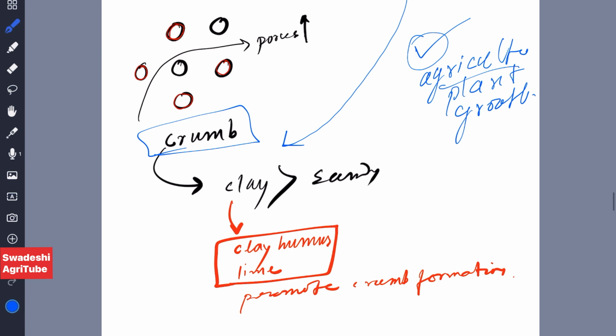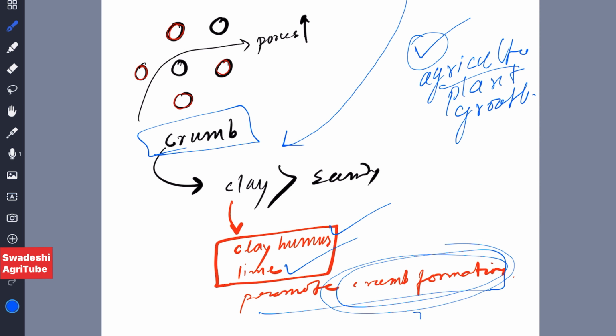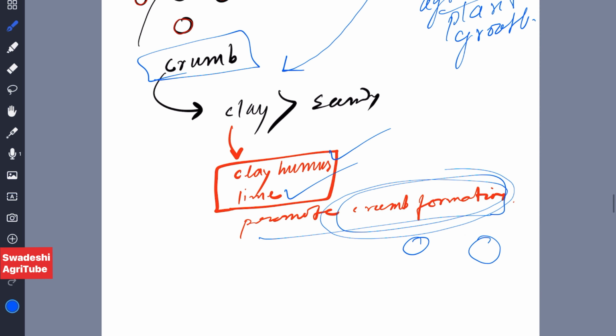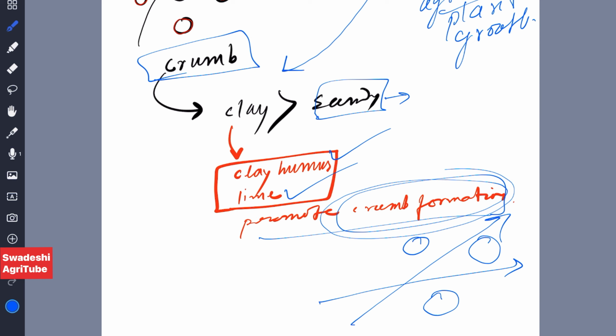And it is also true in case of clay soil. This spheroidal structure is seen because of the presence of clay humus and lime, which promote crumb formation. That means they are responsible for the pores in between them compared to sandy soil. We all know that sandy soil may be structureless soil.